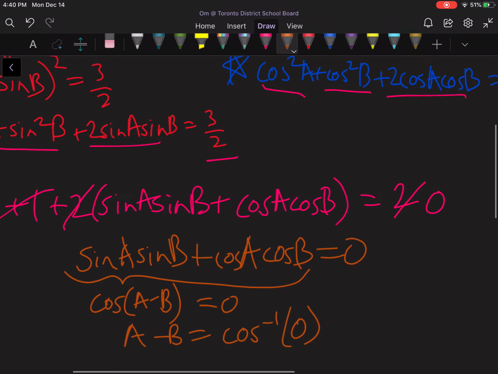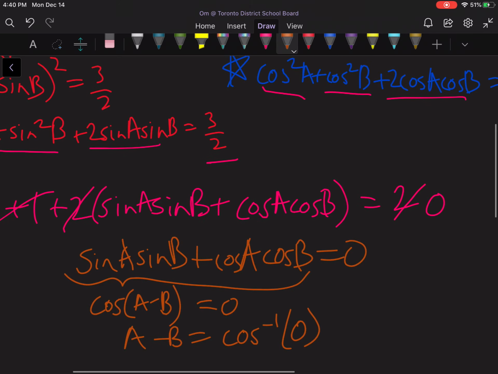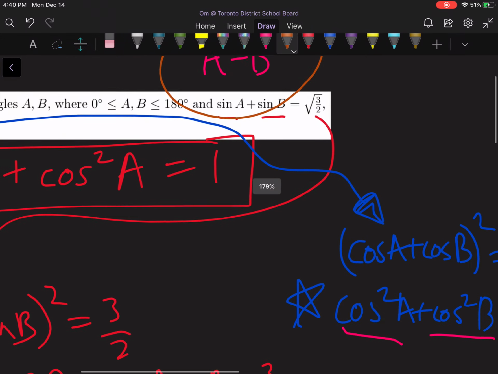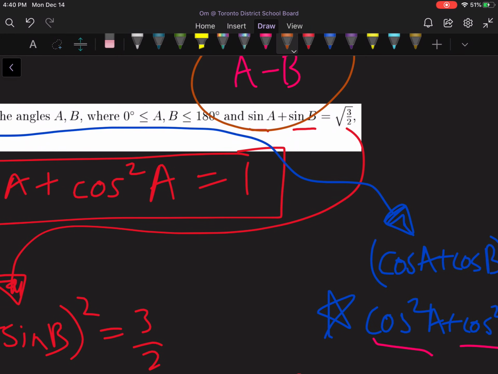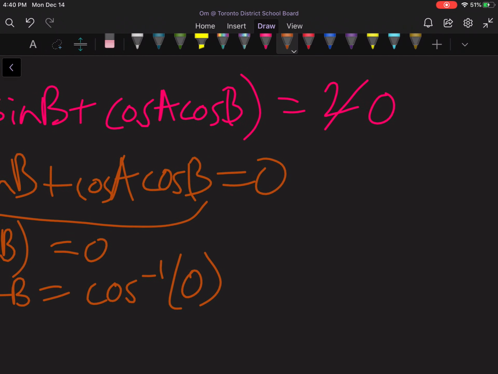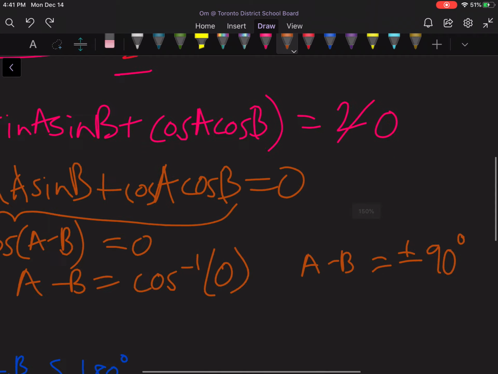A minus b equals the inverse cosine of 0. From there, we can use some logical deduction because a and b must be between 0 and 180, and we can deduce that a minus b equals plus or minus 90 degrees. And that just about concludes this question. It concludes my lesson, rather.